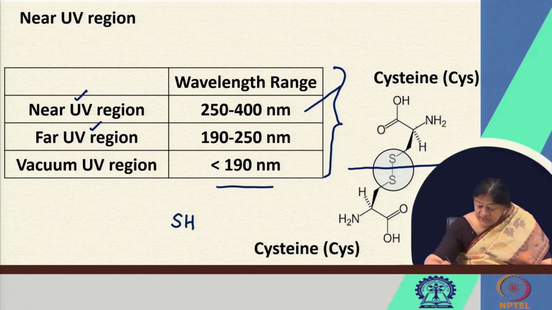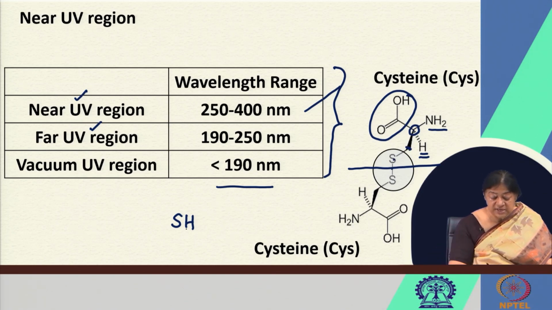So, let us try and identify. Here is our alpha carbon, here is the hydrogen associated with the alpha carbon, here is the amino part, and here is our acid part. So, this is the C alpha, this becomes our C beta, this becomes our sulfur, and here is attached a hydrogen.